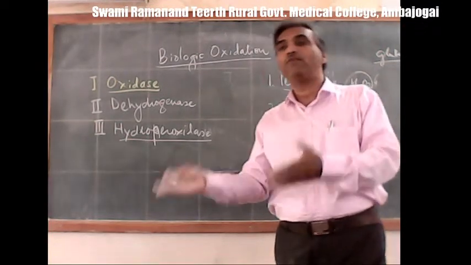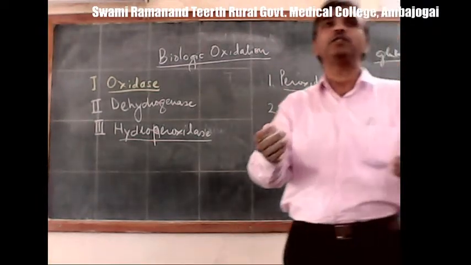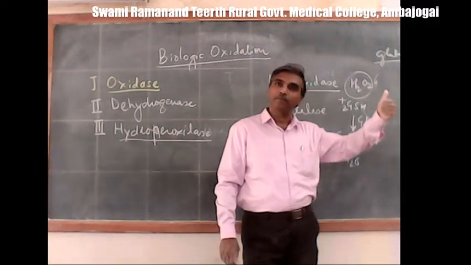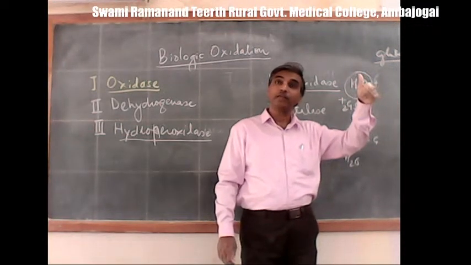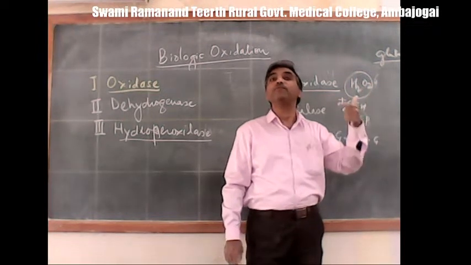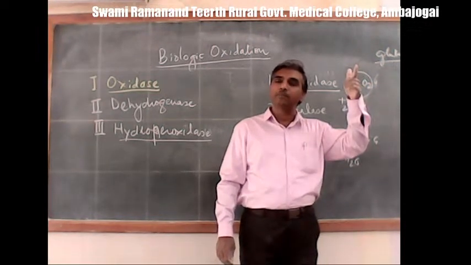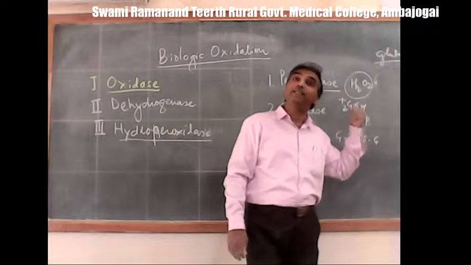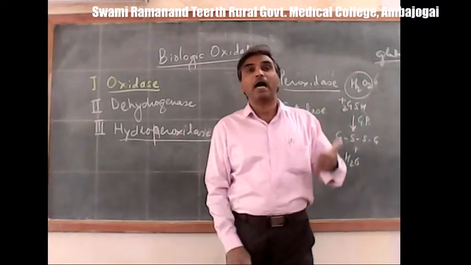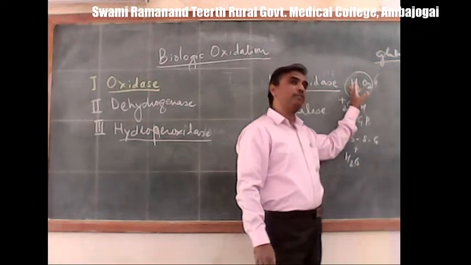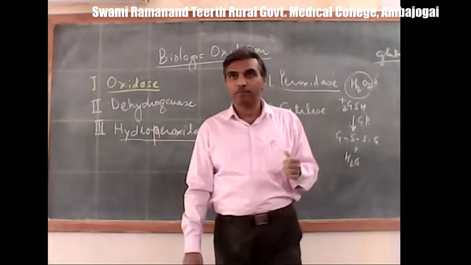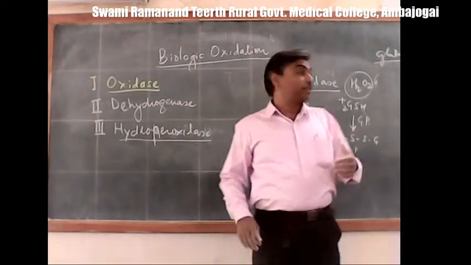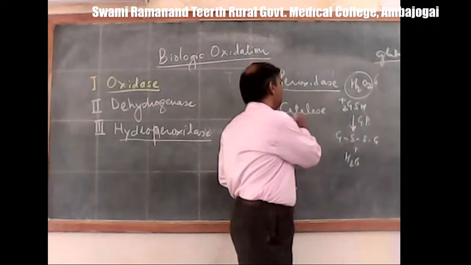Glucose oxidase forms hydrogen peroxide, and that hydrogen peroxide is cleaved with the help of peroxidase, that is horseradish peroxidase. Here it is glutathione peroxidase. This occurs in the cell, in RBC, so that the hydrogen peroxide that is being formed is cleaved. So this is the importance of hydroperoxidase.